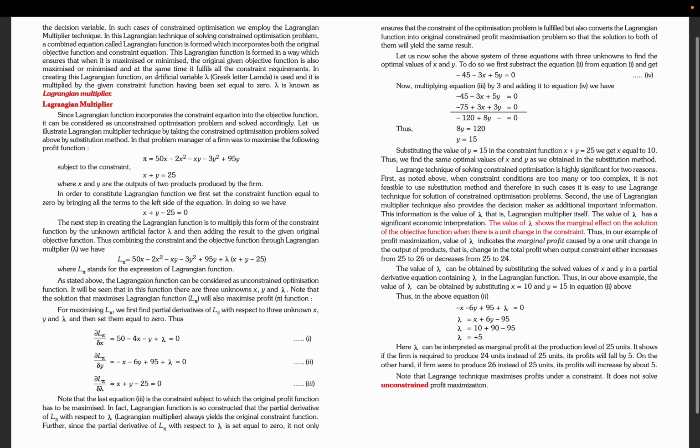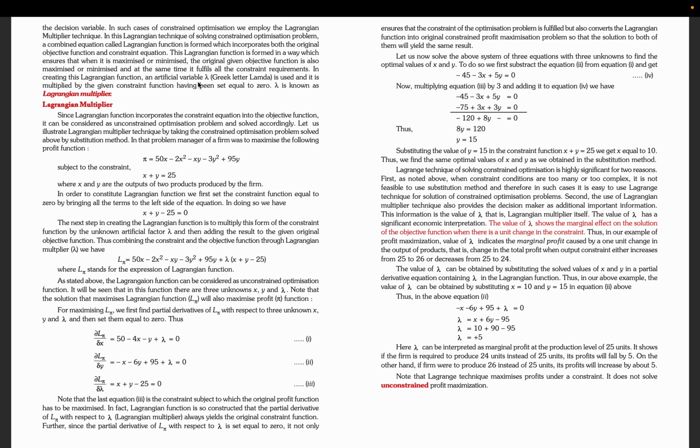In this Lagrangian technique of solving constrained optimization problems, a combined equation called the Lagrangian function is formed, which incorporates both the original objective function and the constraint equation. This Lagrangian function is formed in a way which ensures that when it is maximized or minimized, the original given objective function is also maximized or minimized. At the same time, it fulfills all the constraint requirements.